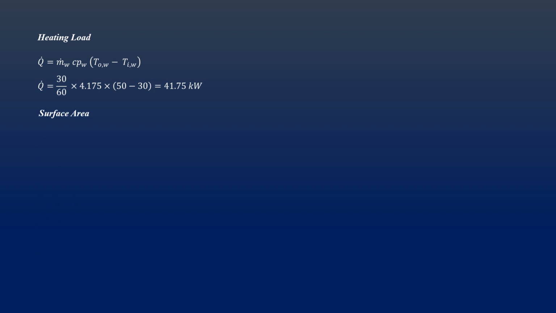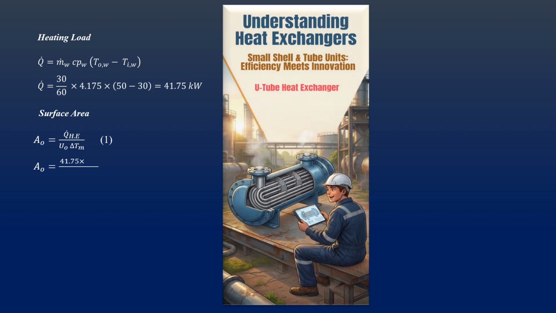And the surface area of the heat exchanger is equal to Q dot divided by U naught times delta T mean. If we substitute these values of Q dot, U naught, delta T mean, then the surface area will be 5.28 meters square.